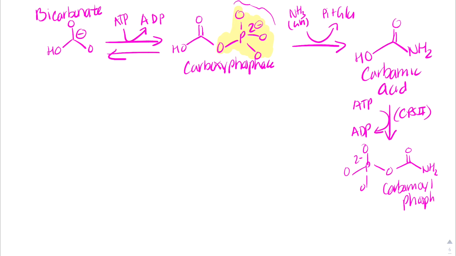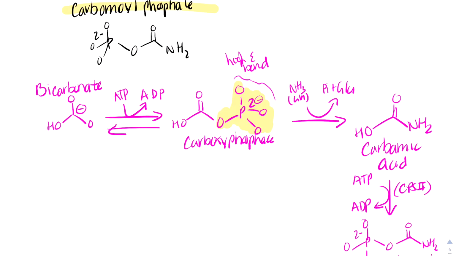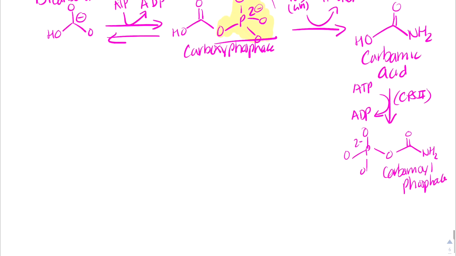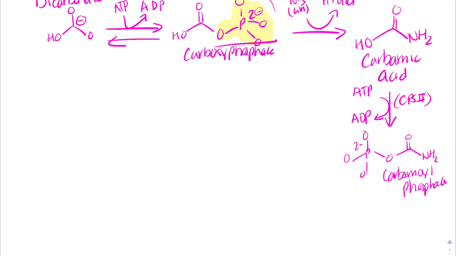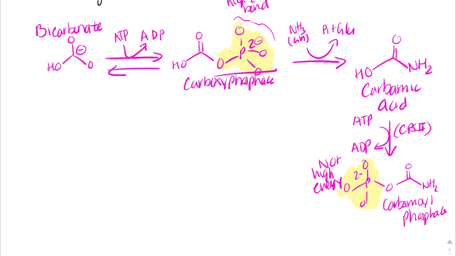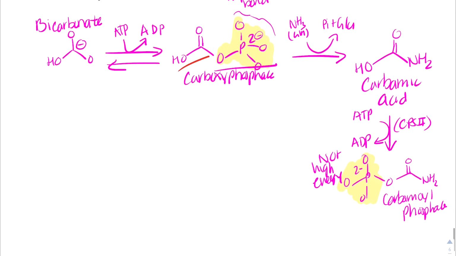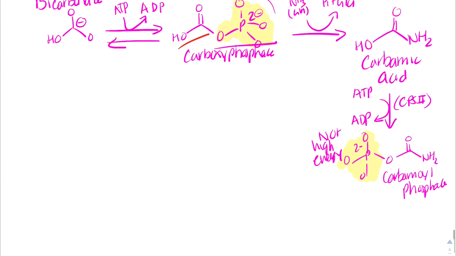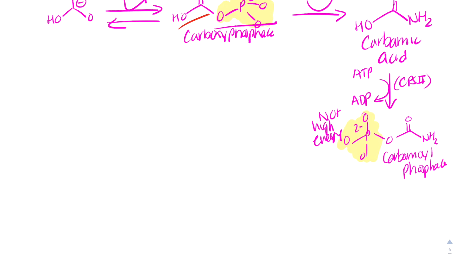So unlike the phosphate that was here, which was high energy, this phosphate here is not high energy. And that just has to do with the neighboring atoms that are surrounding it. So here you have a high acidic structure, and here you just have an amide.